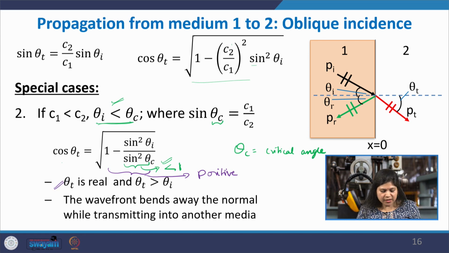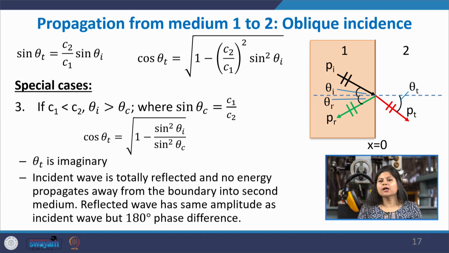Theta t would be real in nature, and by Snell's law, because C1 is smaller than C2, theta t becomes greater than theta I. So, as the wave is incident, it is transmitted into the other medium while bending away from the normal, as represented here.